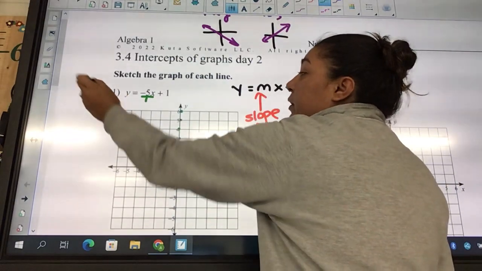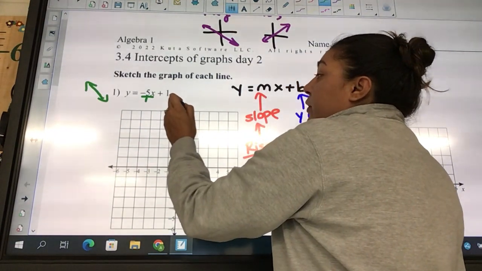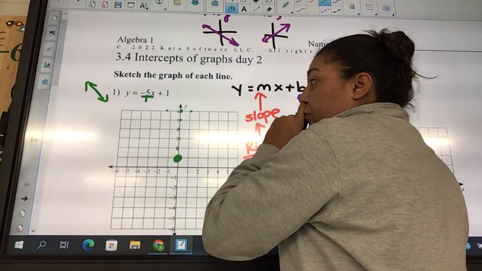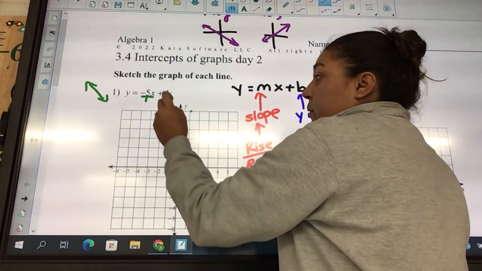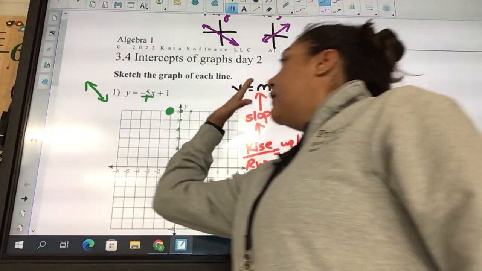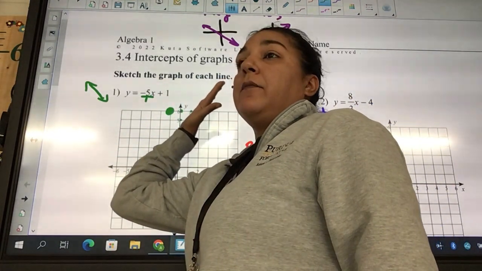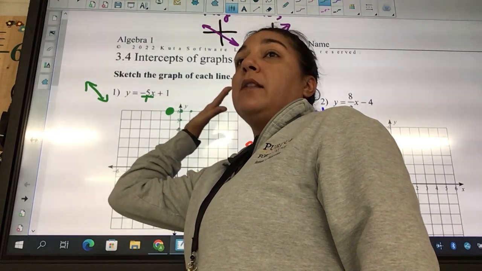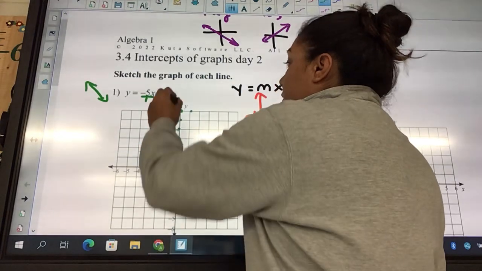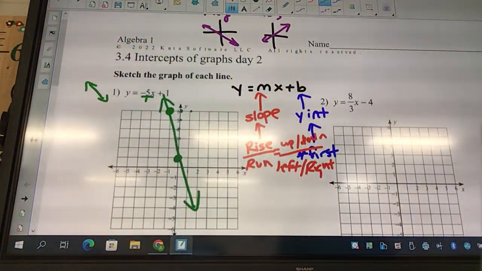I need my line to look like this. I can either go 1 this way or this way. To the left. If I go to the right, my line's going to look like this. Is that a positive or negative line? That would be a positive line, and I need a negative line. Then you can connect your 2 dots.